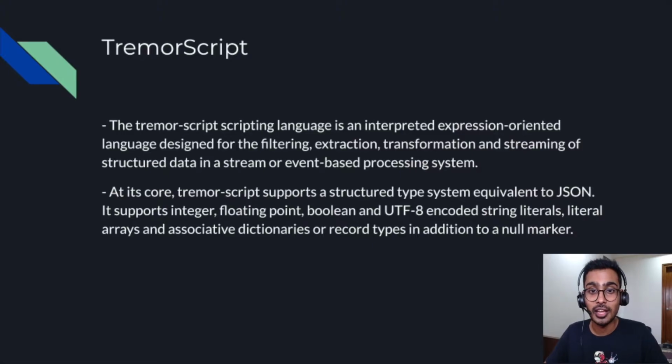On that note, I would like to talk about a current use case where I use property-based testing to test Tremor script. So a little context about what Tremor script is.